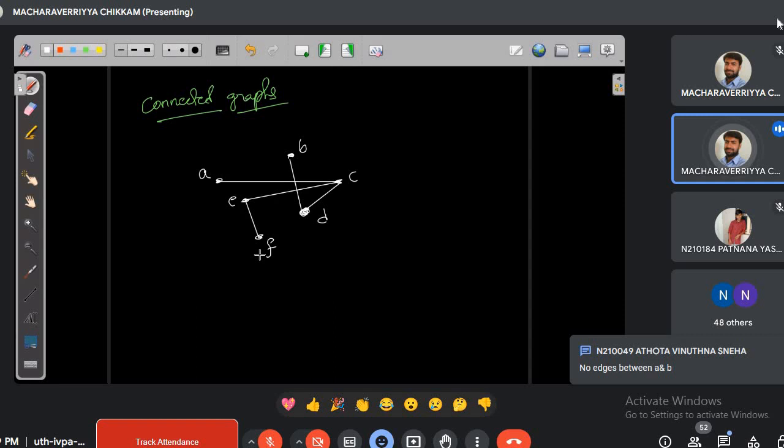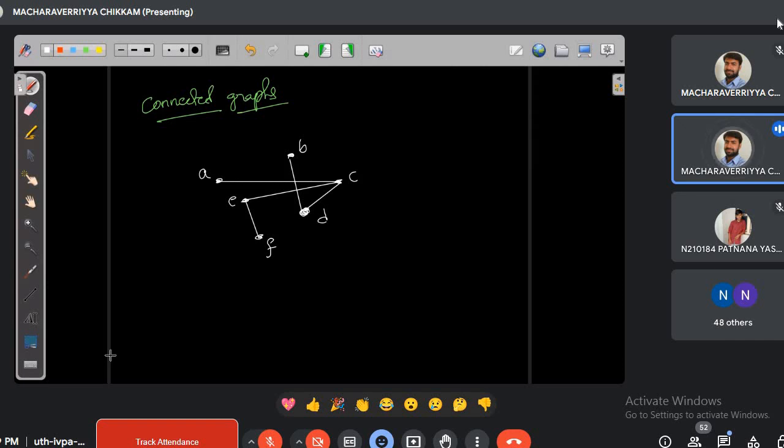Okay, what is the definition of a connected graph? When we say a graph is connected, I did not say that there is an edge between any two vertices. That is actually a complete graph. Don't get confused between a complete graph and a connected graph. A complete graph means there is an edge between any pair of vertices.